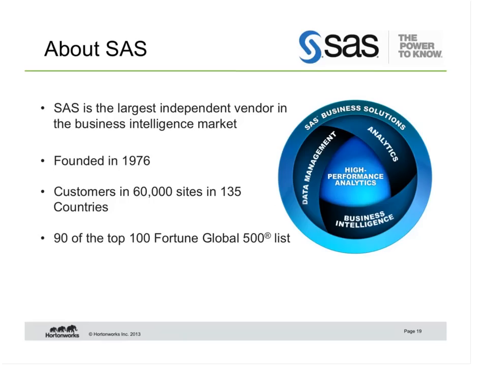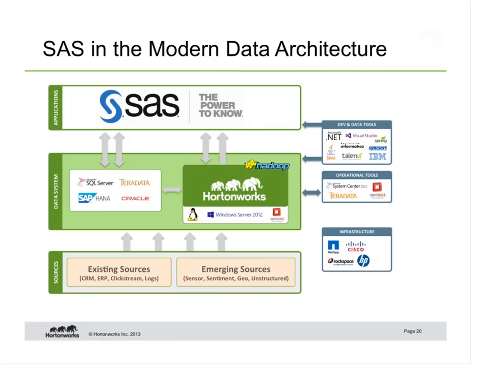One of the slides that you saw presented earlier was SAS in the modern data architecture. We have a couple of different technologies that interact with Hadoop. Certainly this diagram is correct in that we do have a way to reach into Hadoop to simply access data.